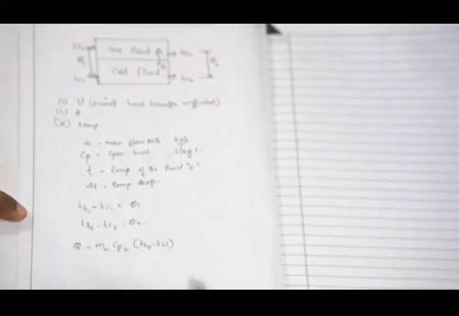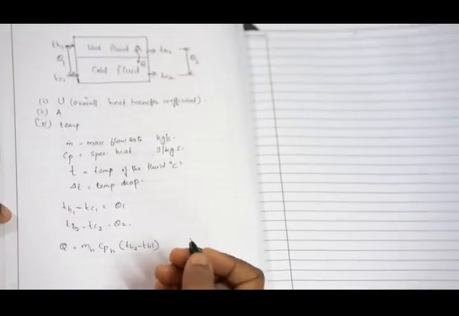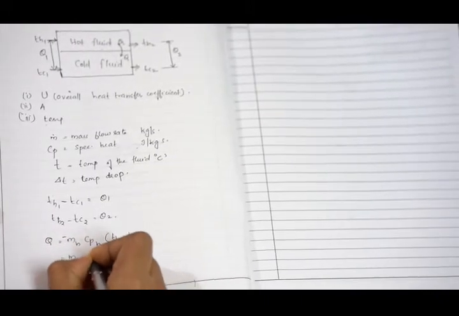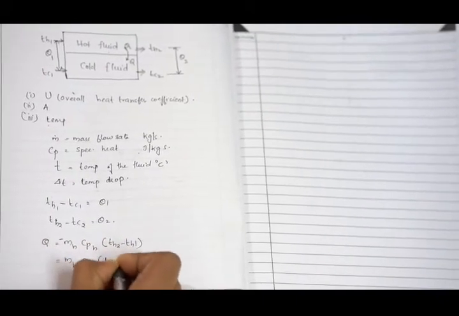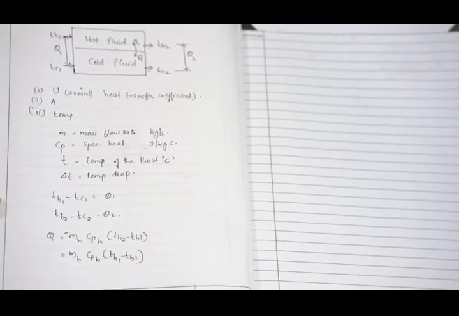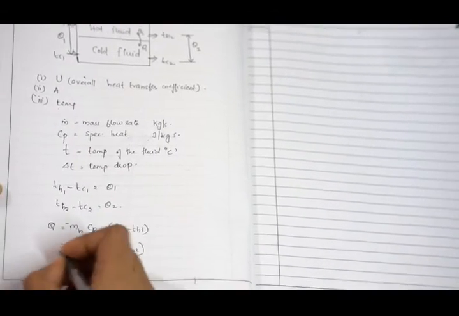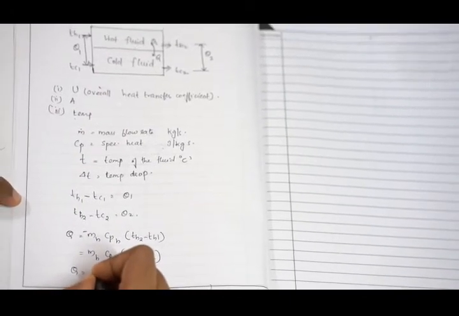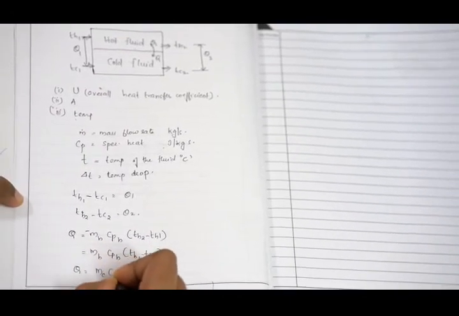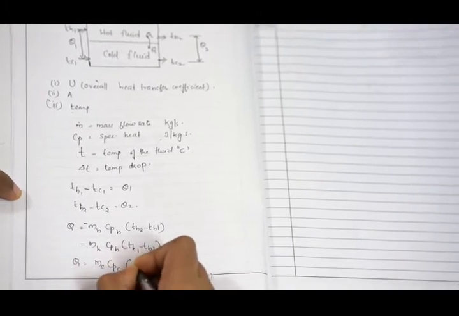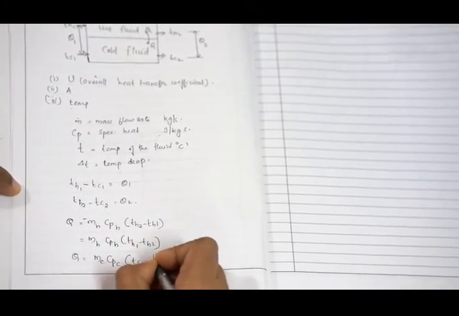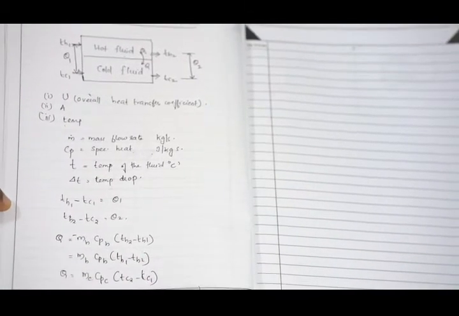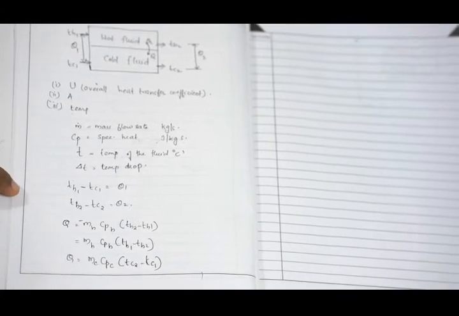In case of hot fluid, heat rejection happens, so negative sign. So the equation becomes mh cph (TH1 minus TH2). Then for the cold fluid, the same heat is absorbed by the cold fluid. So the equation becomes mc cpc (TC2 minus TC1), the change in temperature, which is again equal to the heat transfer from the heat exchanger.